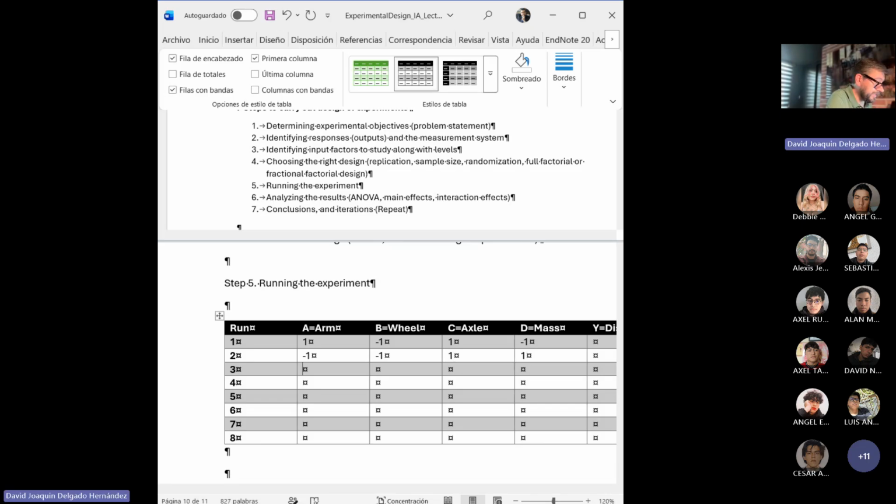The number 3 experiment, it is -1, 1, -1, 1. Perfect. The fourth, it is -1, 1, 1, and -1. Okay, we are already half of the way.